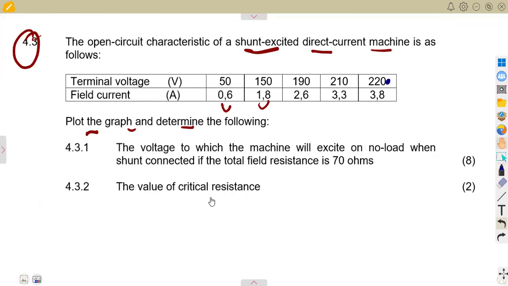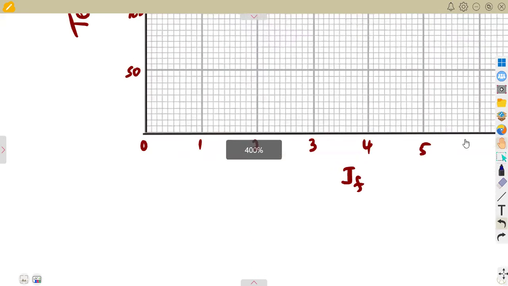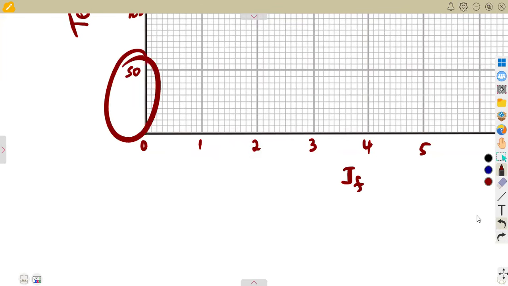So meaning to say, let's analyze our scale first. According to our scale, I talked about this in the field current, which is our X. This is like 0.1, 0.2, 0.3, 0.4, and so on up to 1. What about the voltage, which is the Y-axis? We are representing this as 5, 10, 15, 20, 25, 30, 35, 40, 45, 50.